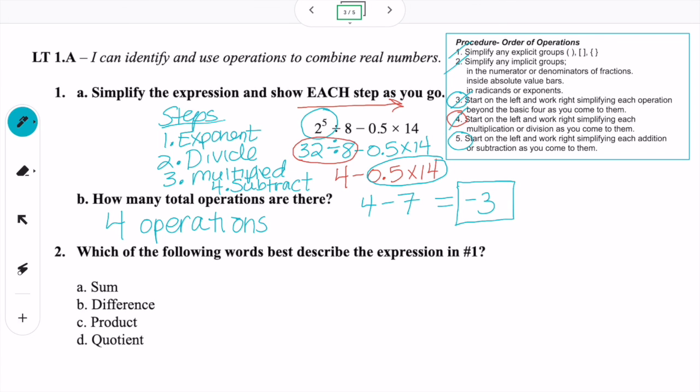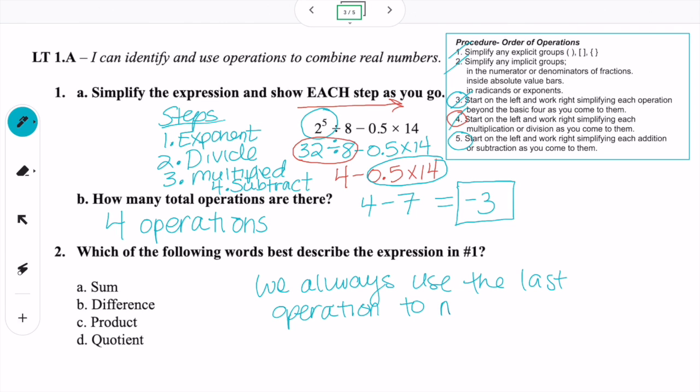Question number 2 says, which of the following words best describe the operation in number 1? We always use the last step. That's a funky W. Operation to name the expression.